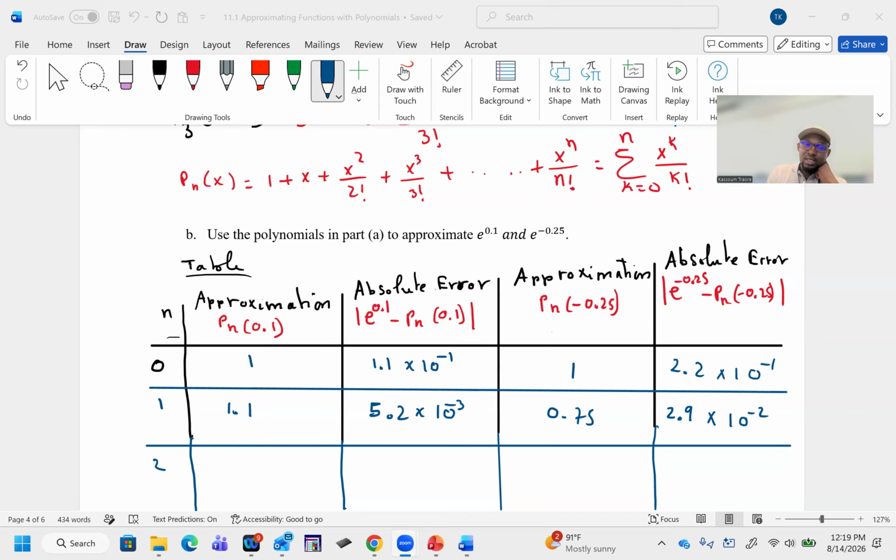So when n is 2, p sub 2 of 0.1 will be 1.105. And the absolute error will be 1.7 times 10 to the power of negative 4. And p sub 2 of negative 0.25 will be 0.78125. And that absolute error would be 2.4 times 10 to the power of negative 3.